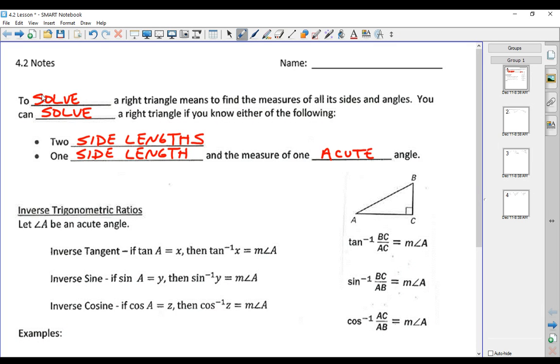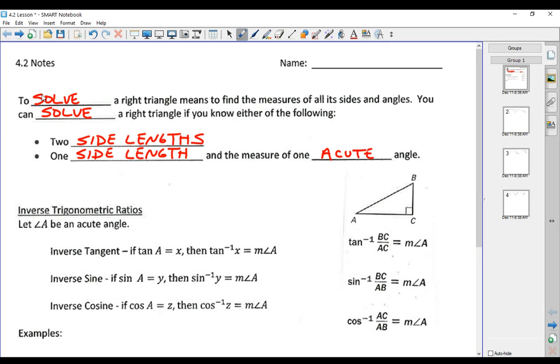Remember, we're dealing with right triangles, and we know that the right angle measures 90 degrees. So you either have to know 2 of the side lengths, and you can use the Pythagorean theorem and some inverse trig functions to get the angles. I'll talk about those in just a moment.